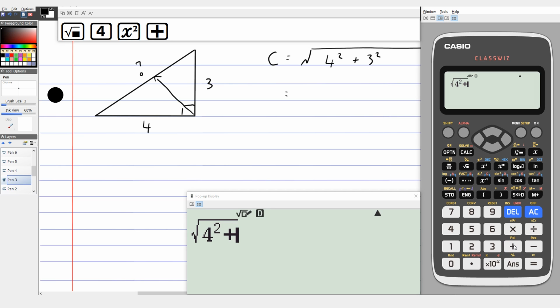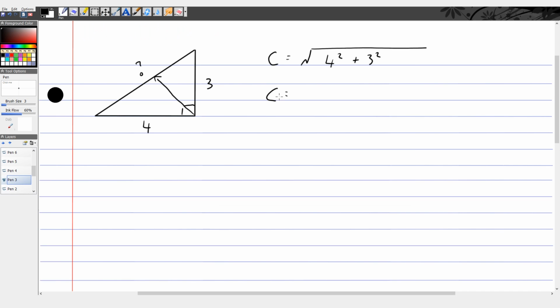So 4 squared plus 3 squared, and then it gives us the square root of that, so the answer is 5 units. So the hypotenuse is 5 units long. And that's what we expected from when we did this one in our head. So C equals 5 units of length, no matter what the units are.